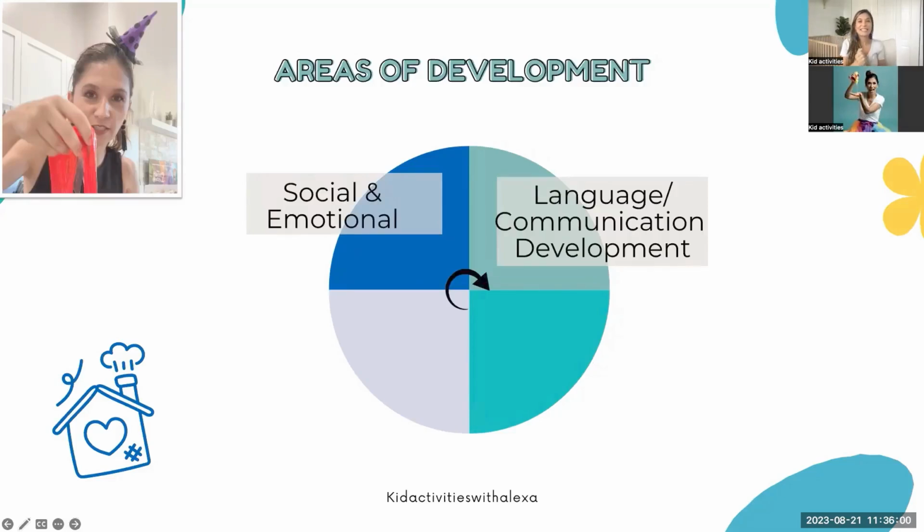The second piece is language and communication development, right? So this is all types of communication. It's verbal communication, it's nonverbal communication, it's learning about the joy of discovering a new book and the stories that are in it. It is understanding that words have meaning and that they're made up of letters, and discovering and recognizing those letters the natural way.